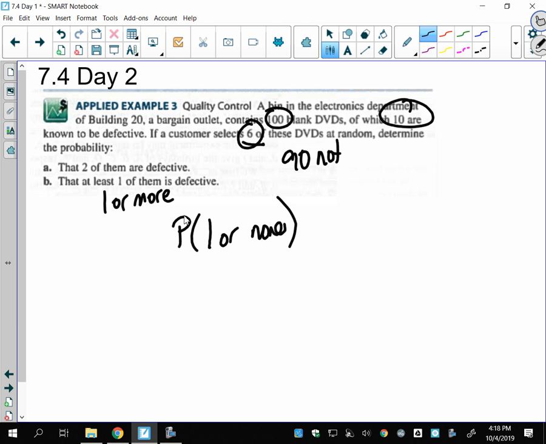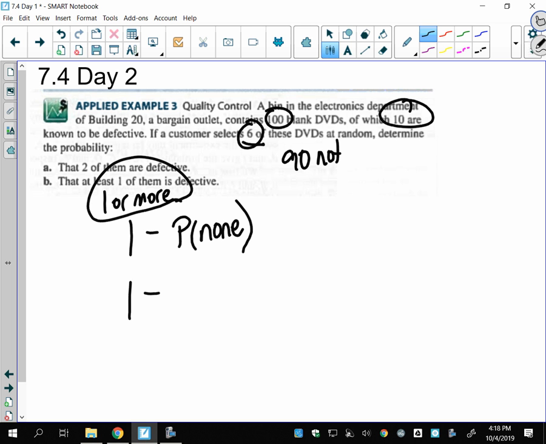No, it wouldn't even include 1, right? 1 or more would just be the probability that none are defective. If we could figure that out, could we take 1 minus that to get this answer? You see how that would be less work? I mean, you could totally do it the other way, but I think we should do the probability that none of them are defective. So again, my bottom number is going to be of 100, I'm choosing 6.